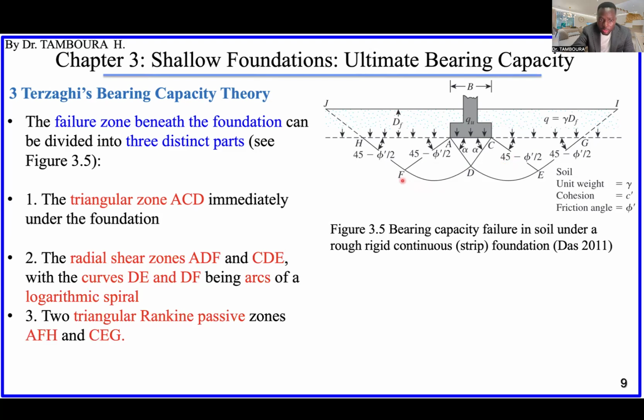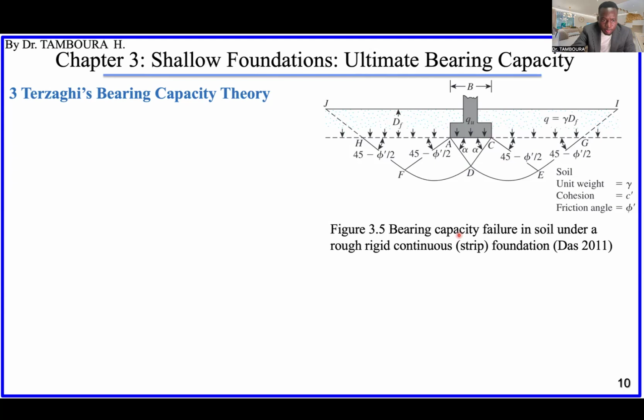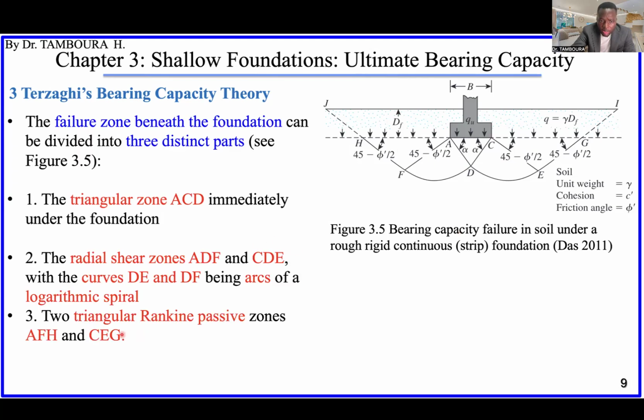The third ones are these: this part AFH, and this one CEG. These third parts are the Rankine passive zones.